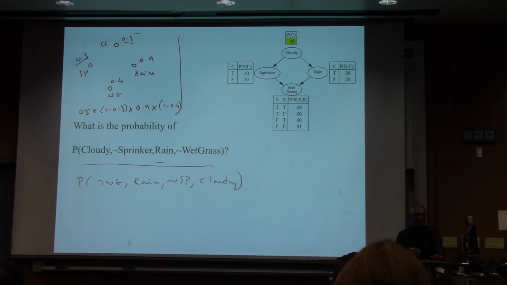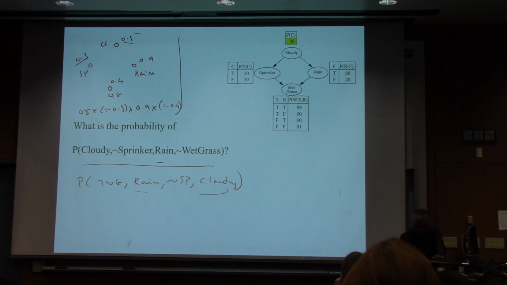Because P of A and B is the same as P of B and A. Everybody agrees on that. Then I use the chain rule. So this would be written as probability of not wet grass given everything else, but that is just probability of not wet grass given its immediate parents.